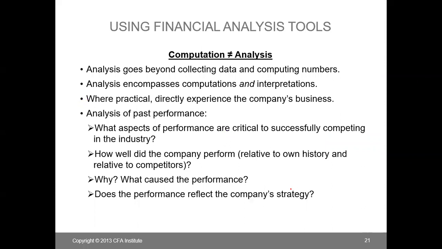Okay, and note that carefully, the computation is not equal to analysis. So I'm reiterating several times that computing financial ratios is not our goal. Rather, we have to find out the reason behind the rising, constant, or declining movement of a ratio.